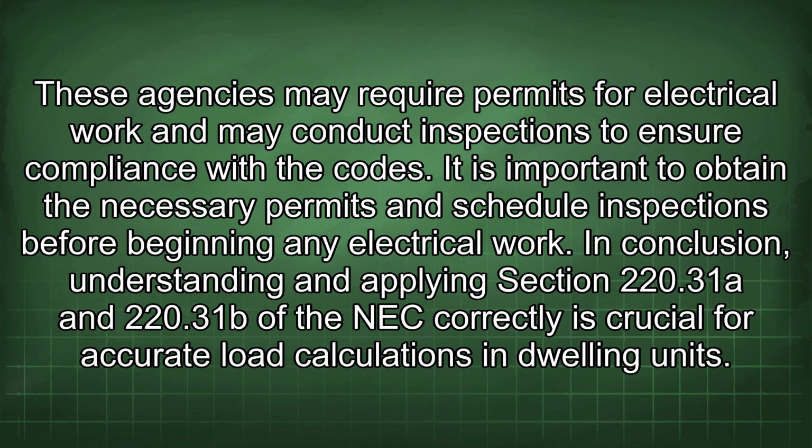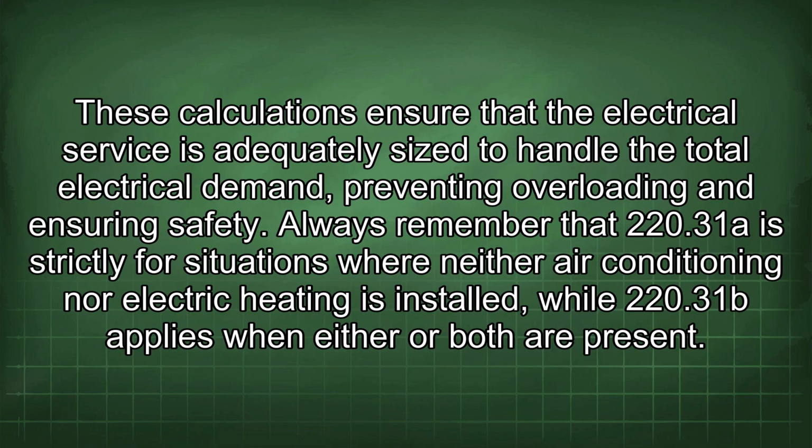In conclusion, understanding and applying Section 220.31 and 220.31 of the NEC correctly is crucial for accurate load calculations in dwelling units. These calculations ensure that the electrical service is adequately sized to handle the total electrical demand, preventing overloading and ensuring safety.